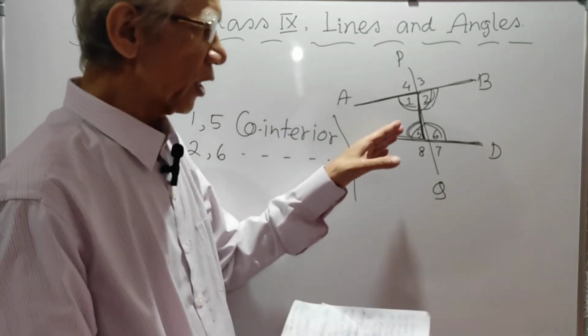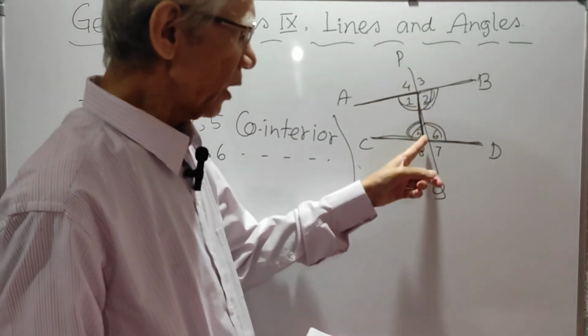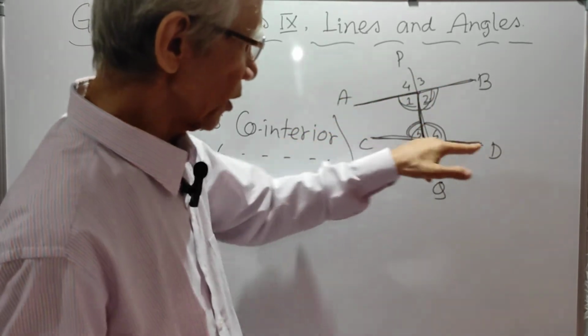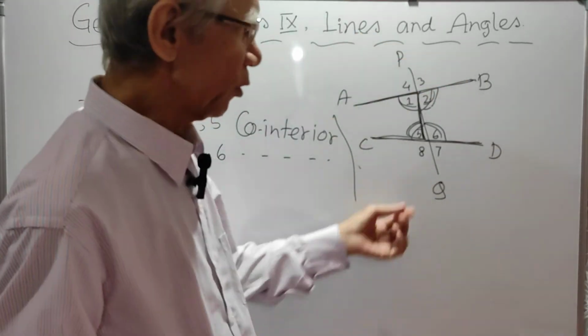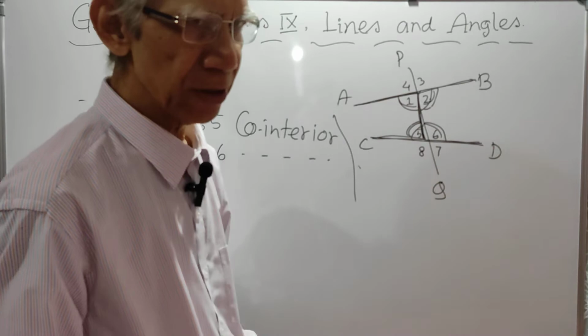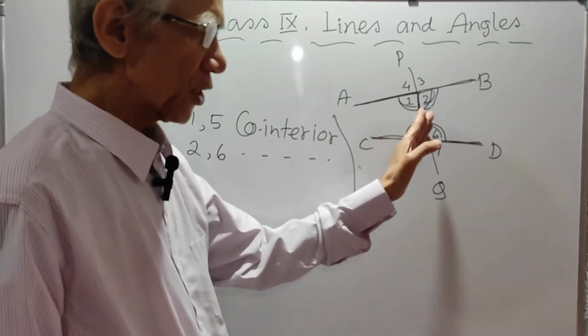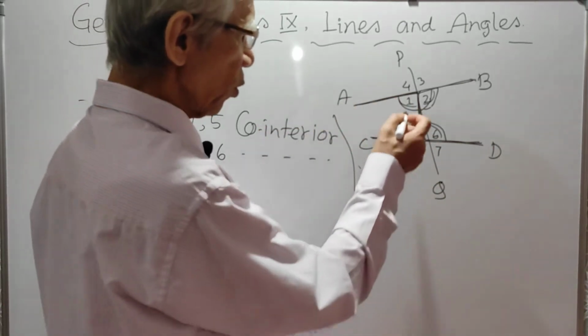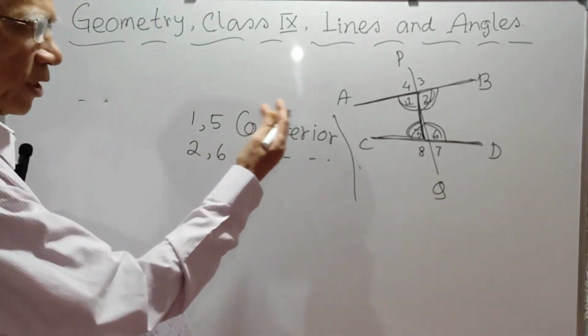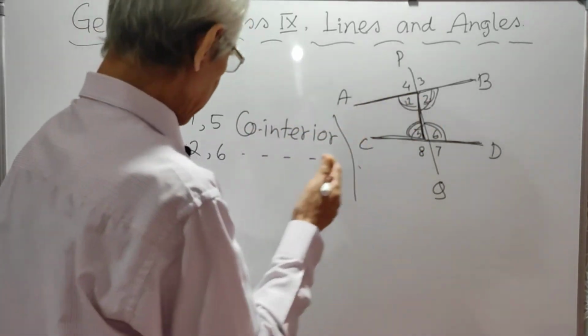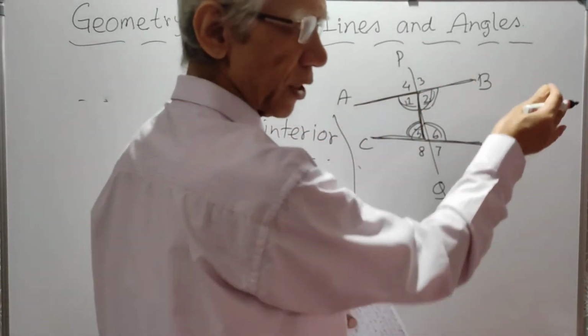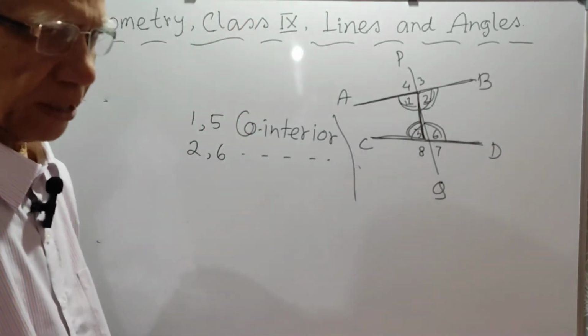Now interior means they are between the straight lines. Say this is one straight line, this is another, just between them inside. So that is what I call interior. And co means on the same side of the transversal. So 1 and 5, they are on the same side of the transversal, on the left side. Then 2 and 6, they are on the same side of the transversal, that is the right side. All right.